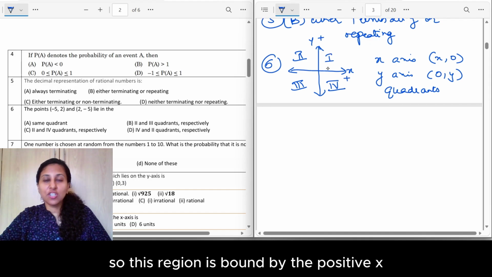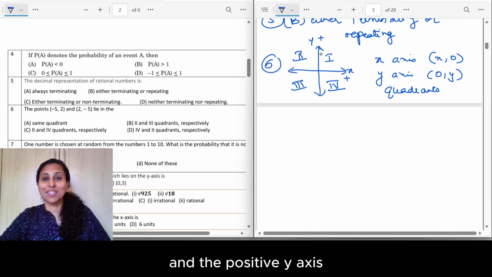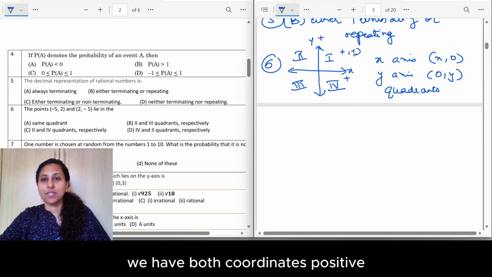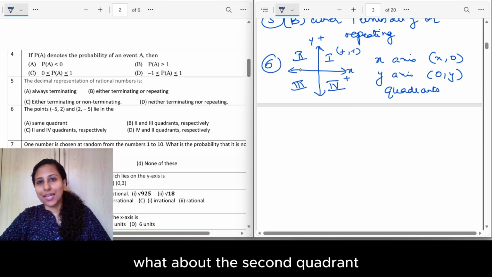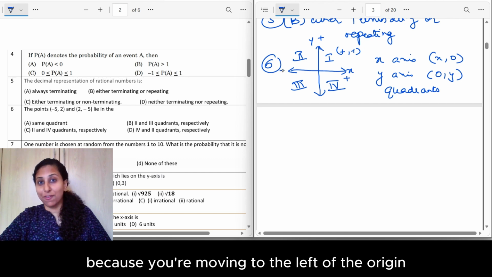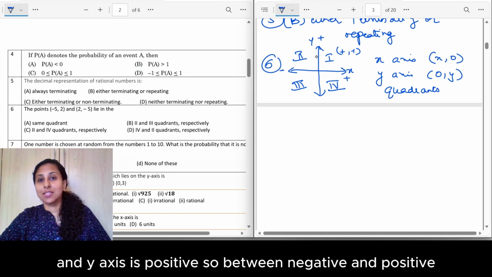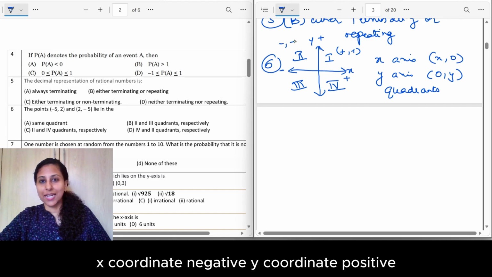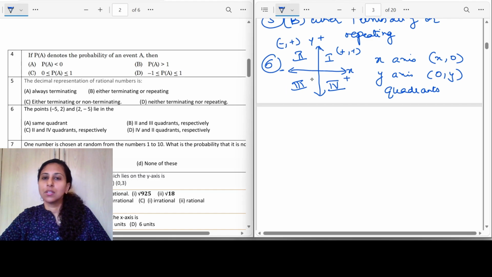So this region is bound by the positive x and the positive y-axis. We have both coordinates positive. What about the second quadrant? The x-axis is negative because you're moving to the left of the origin, and the y-axis is positive. So x coordinate negative, y coordinate positive. What happens in the third quadrant? Both are negative.